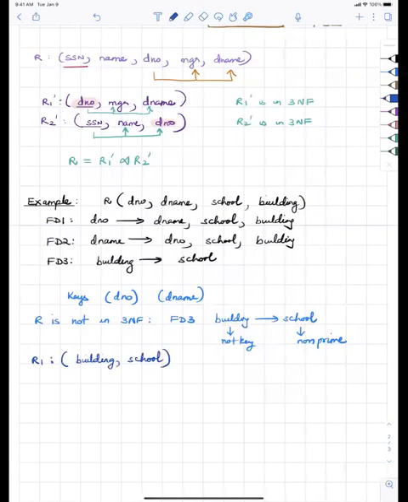The key here is building, because building determines school. And then you have R2, which is all the other attributes, where you bring down building. So we have D number, D name, building.